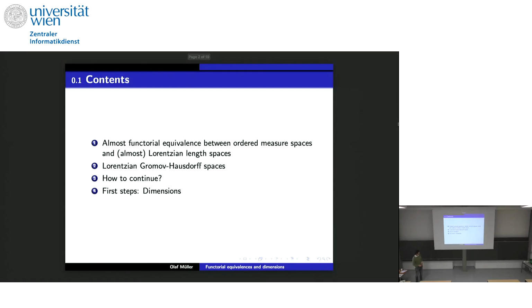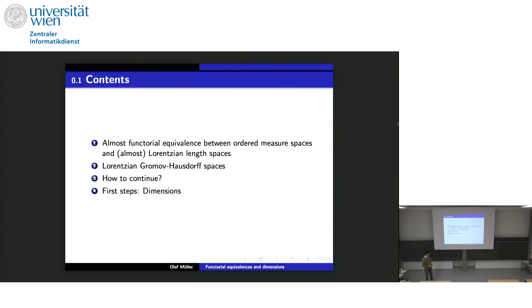Okay, so let's structure the talk first. First of all, I want to recapitulate that we have some interesting, let's say, equivalence or almost equivalence of categories between ordered measure spaces and Lorentzian length spaces. Then I talk a bit about Lorentzian Gromov-Hausdorff spaces, Lorentzian Gromov-Hausdorff convergence, different aspects of it, different possible definitions.